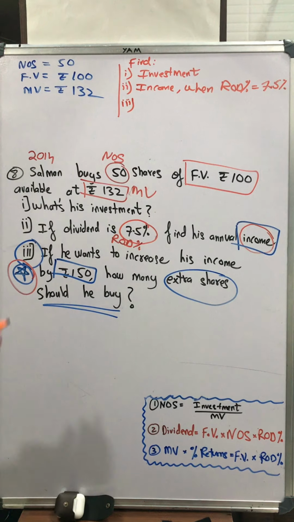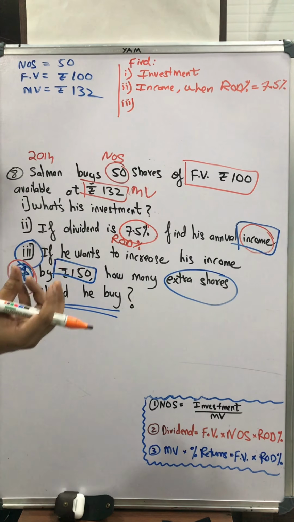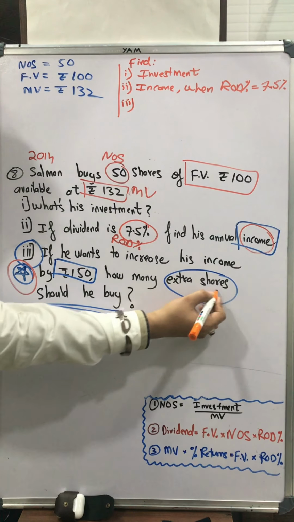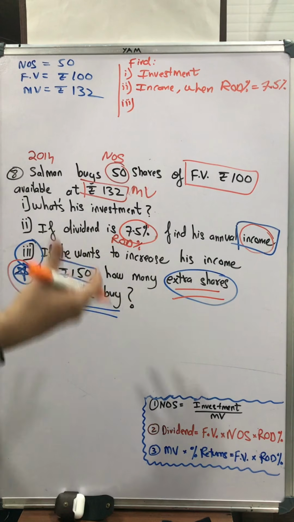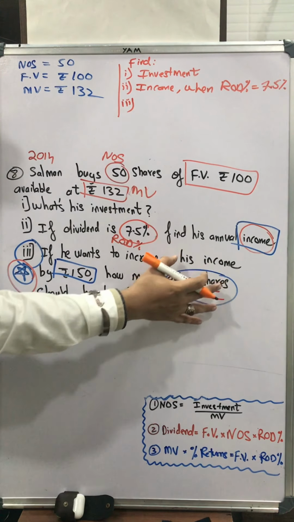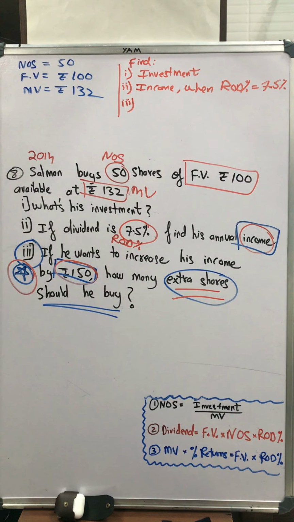So can I say we just need to find out those many extra shares Salman will purchase, so that from these extra shares he should get the additional profit of 150. So how will I elaborate here?